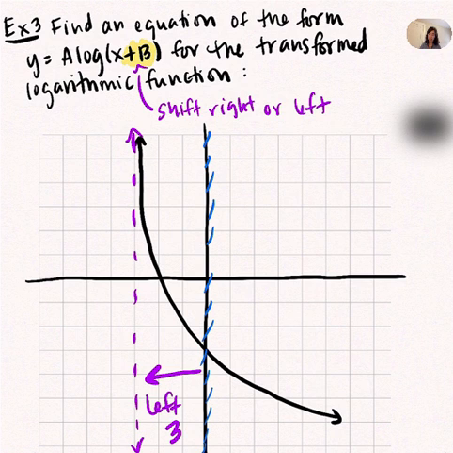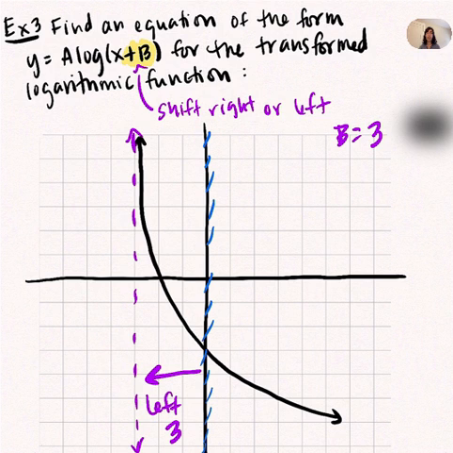This is actually going to tell us exactly what b is. This tells us that b has to be plus 3. So when you shift left, it's plus. So we know that b is equal to 3, looking at this asymptote and how far it's been shifted.